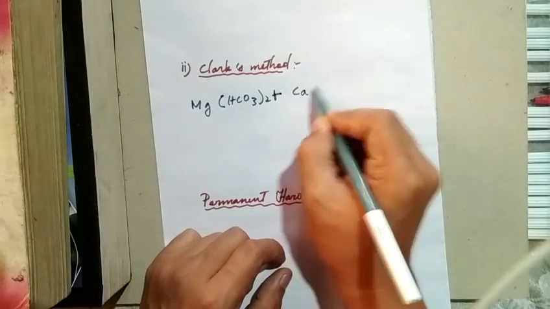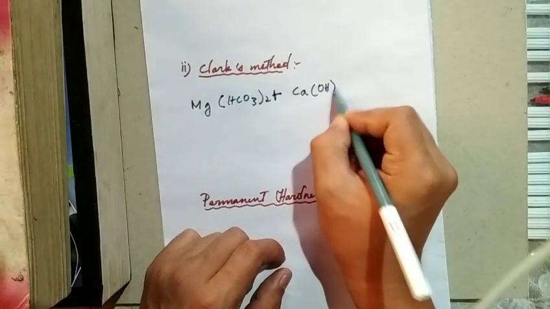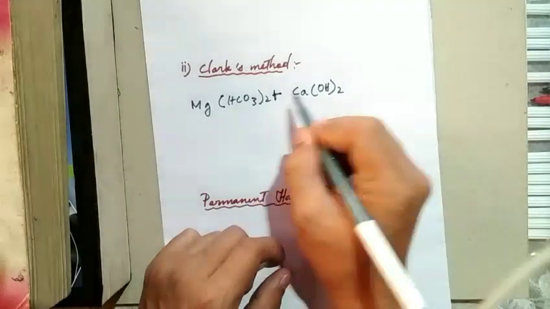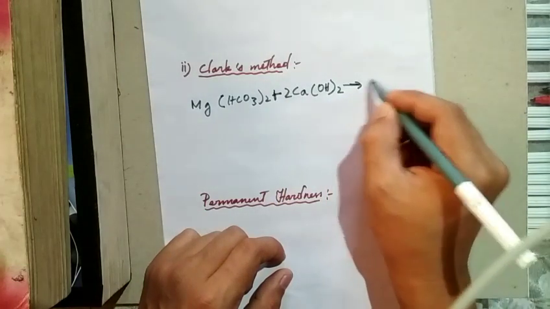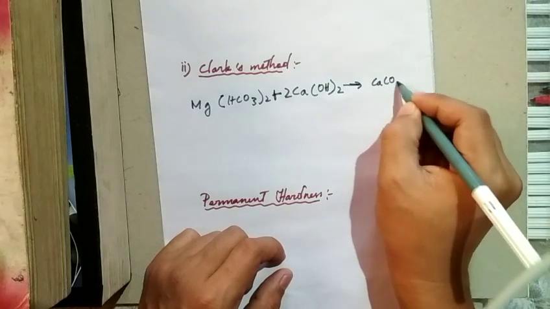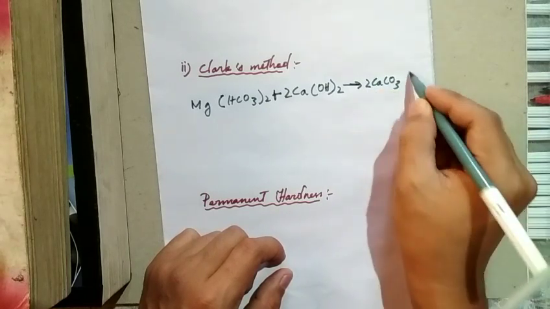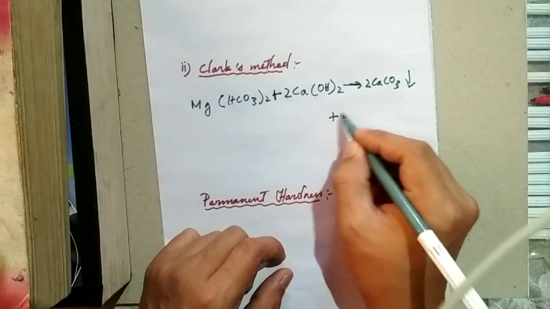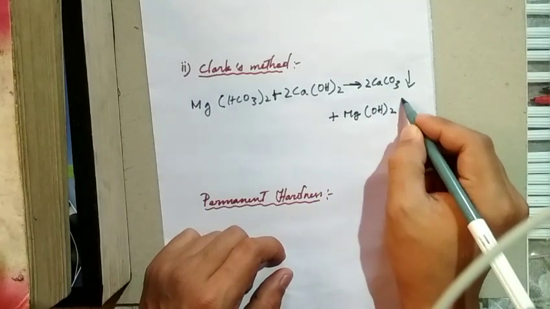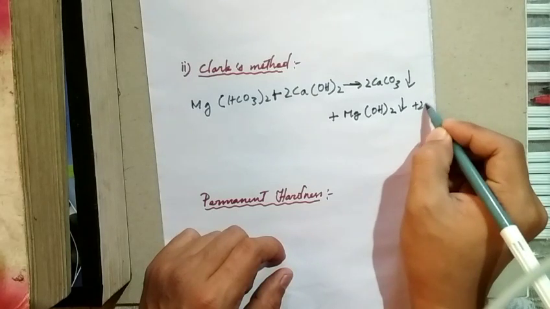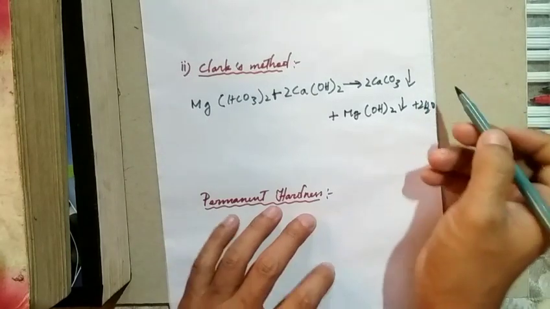Lime water is calcium hydroxide. So 2 moles of lime water give calcium carbonate plus magnesium hydroxide plus 2H2O.